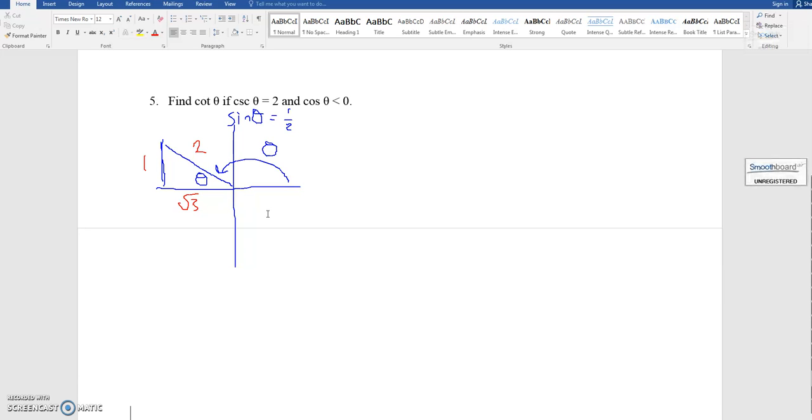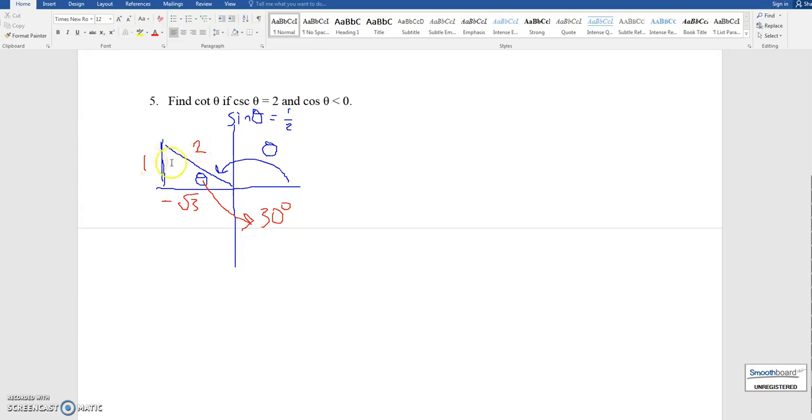So we need to now think what angle would get us a triangle like that situated there. And the answer is going to be 30 degrees. Okay, so this theta is 30 degrees. Really, I should add this. This would be a negative root 3 there, right? Because we're in that typical quadrant. So now we can see that from this angle, cosine would be negative root 3 over 2. Sine would be 1 over 2.